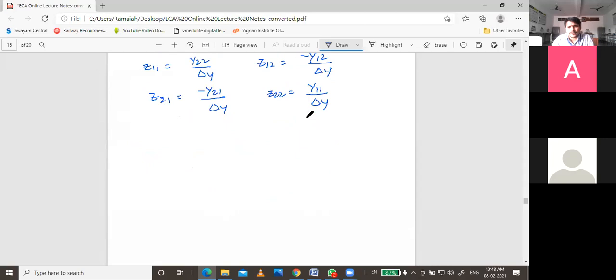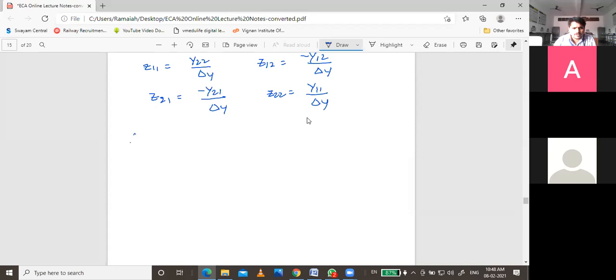That means we have represented the z parameters in terms of y parameters. See, directly in the examination, you may be asked a question like: Z11 is equal to 5 ohms, Z12 equal to 2 ohms, Z21 equal to 2 ohms, Z22 equal to 10 ohms. Find out the y parameters. Then directly you can substitute the values in these equations and easily find out the parameters.